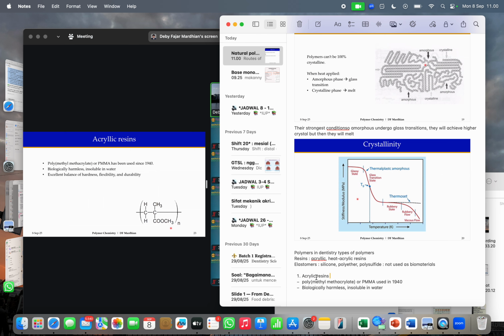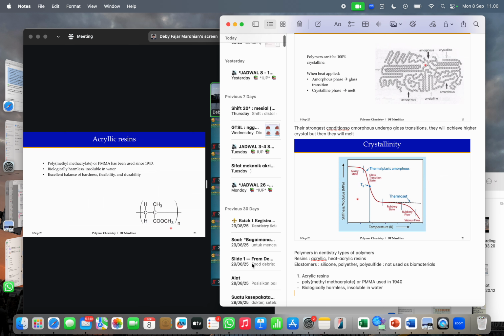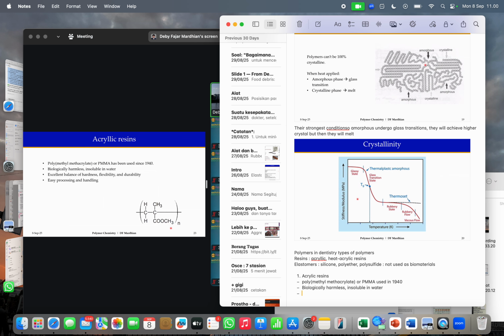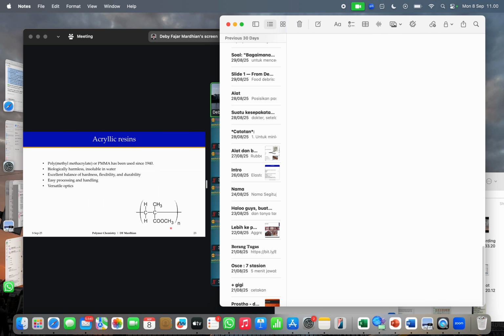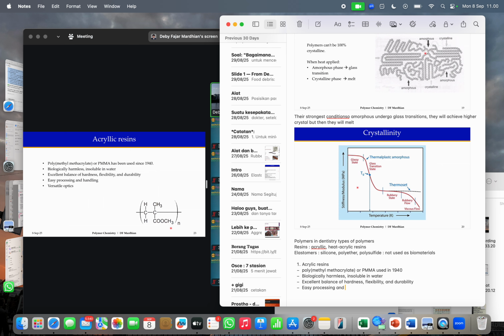Acrylic resins are used due to their excellent balance of hardness, flexibility, and durability, and easy processing and handling. And one of the most important things in prosthetics is their versatility in their optical properties.